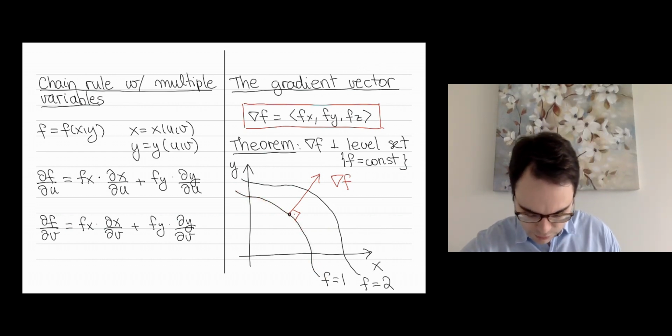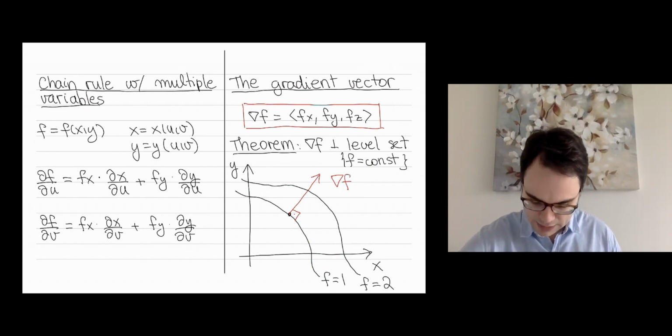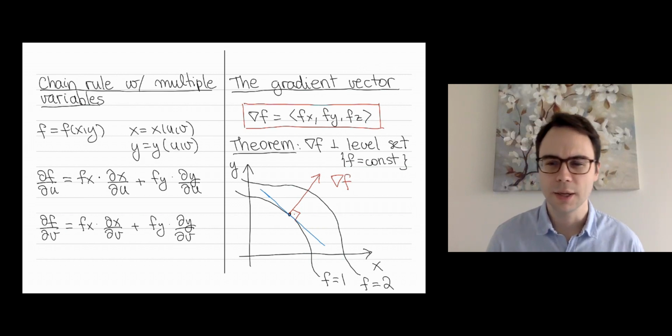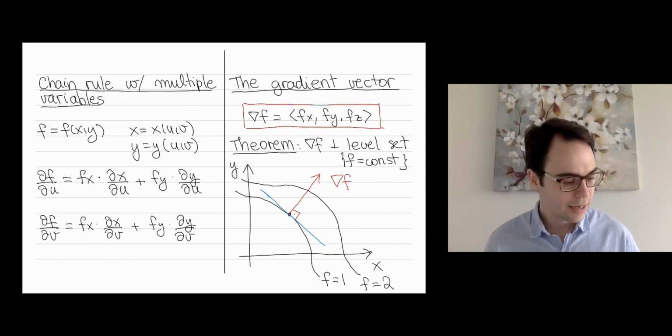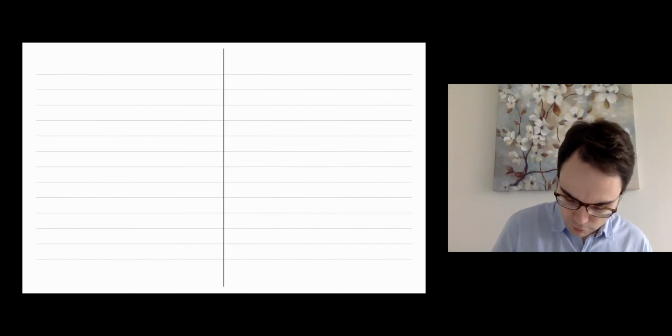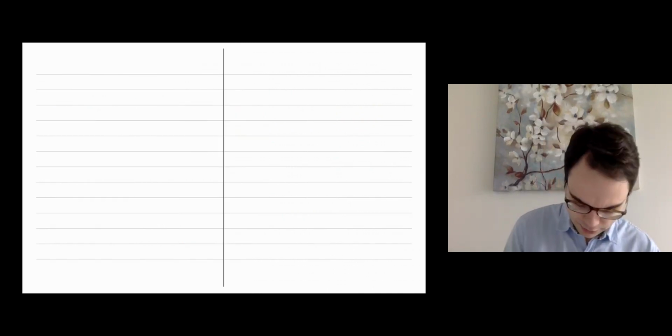By definition, what I really should be saying is that the gradient of f is perpendicular to the tangent line, to the tangent space, to the level set. Okay, this is a lot to unpack. Let's look at a few examples, or at least a couple of examples.